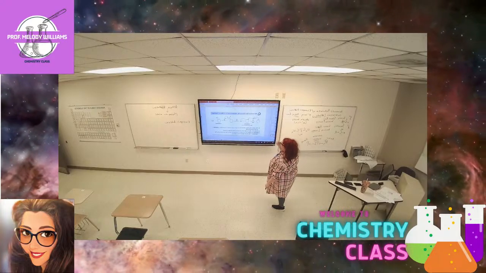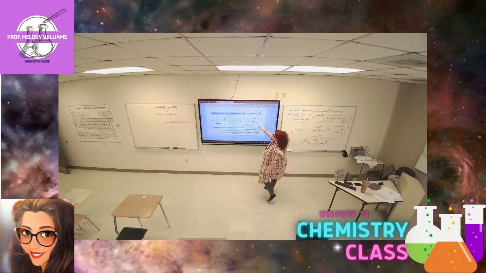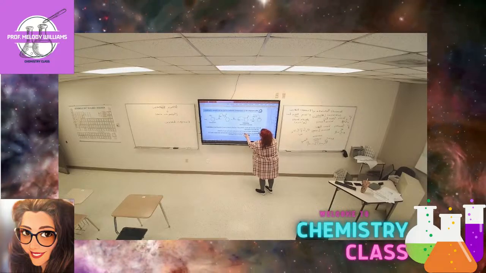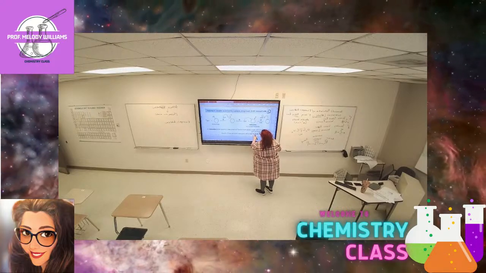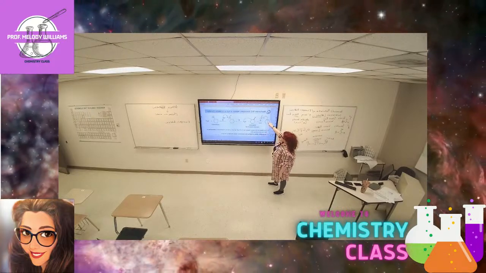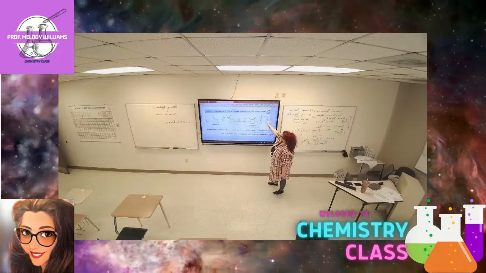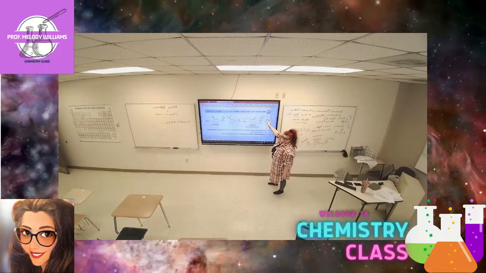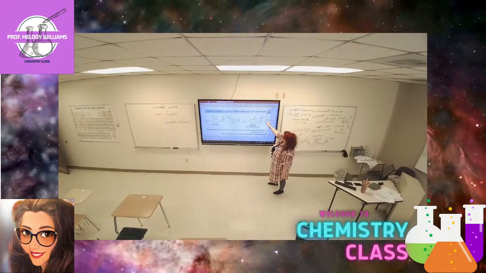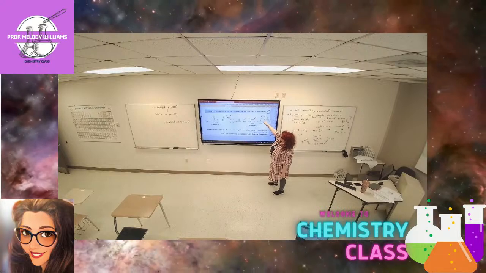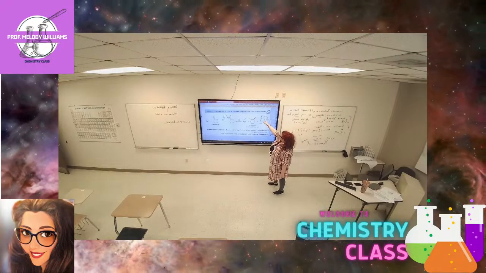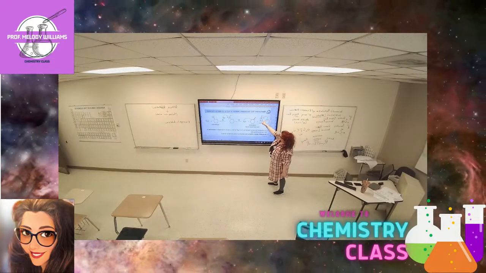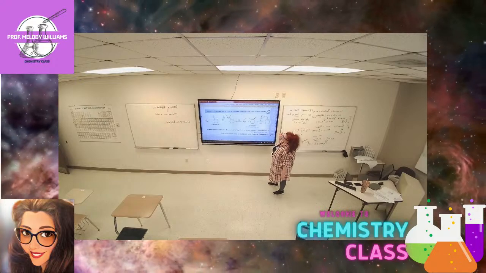Same type of mechanism. We've got our double bond here, electron-rich area, lots of electrons there. This hydrogen here is slightly positive because this is a polar bond. Hold on, wait a second.